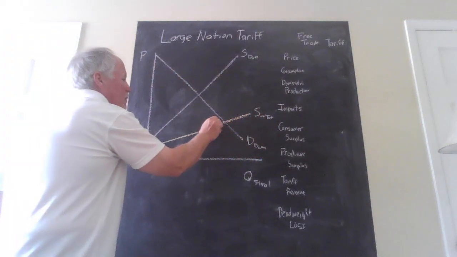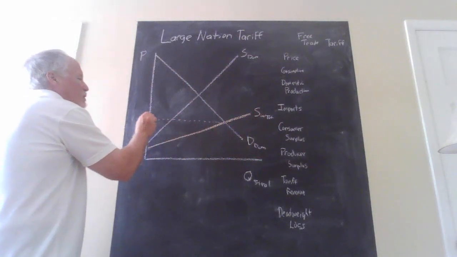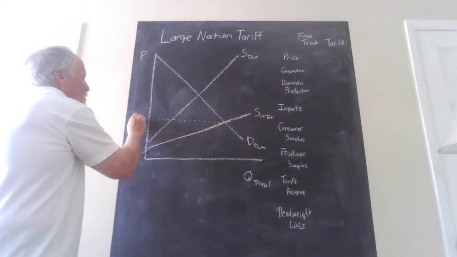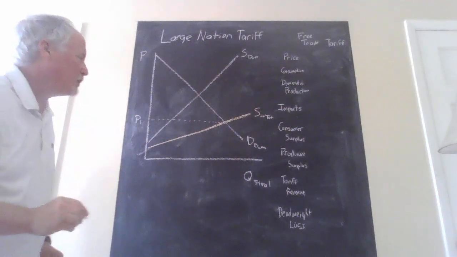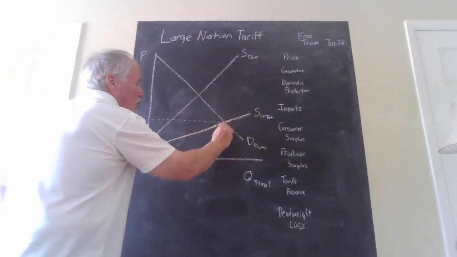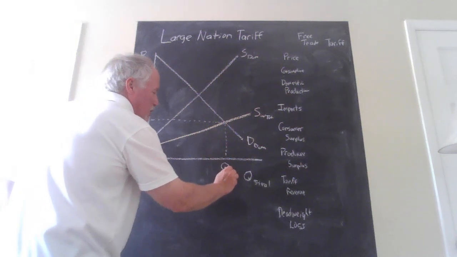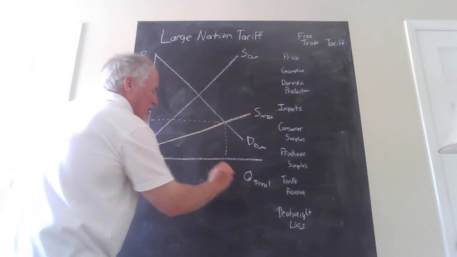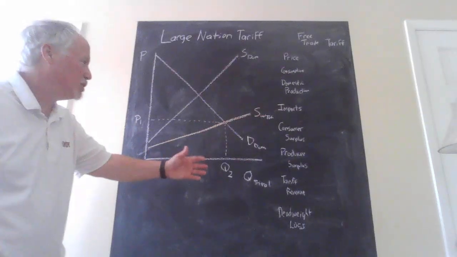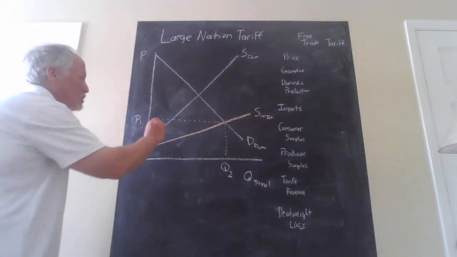But here we have where the supply intersects demand, so that'll give us the price, and I'll call that P1 here. And so here's the quantity that domestic consumers will consume in the free trade equilibrium.